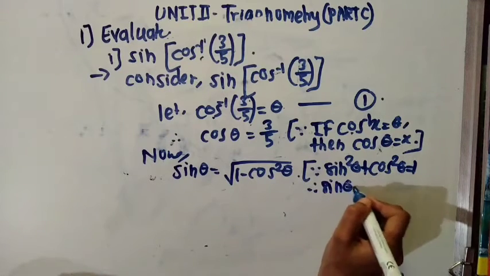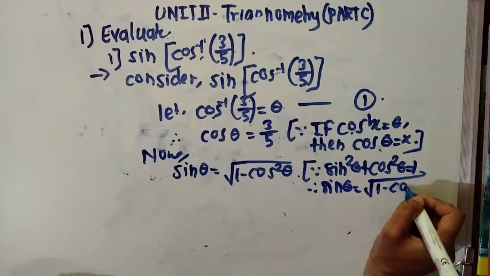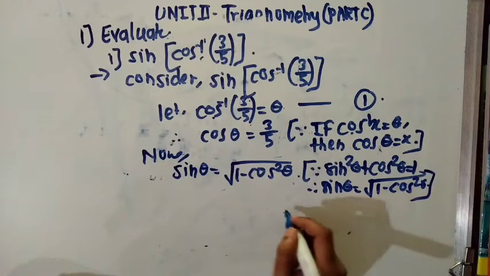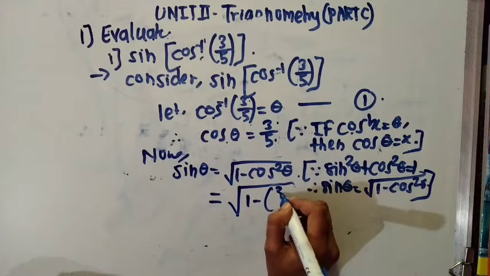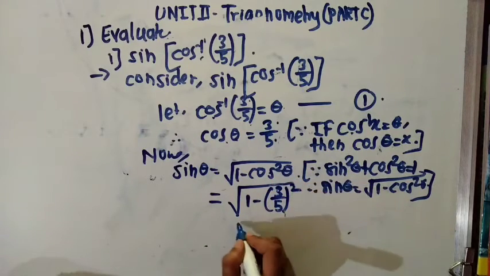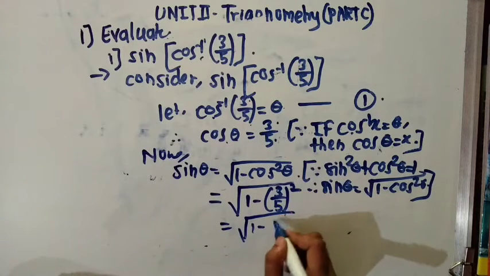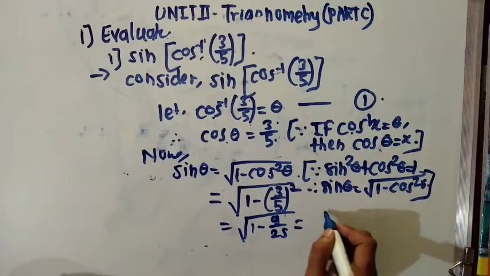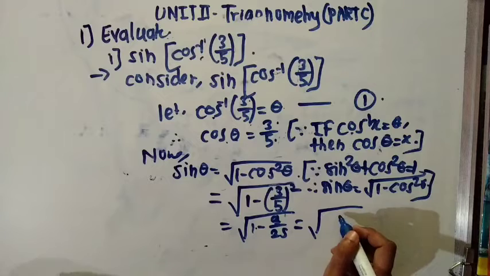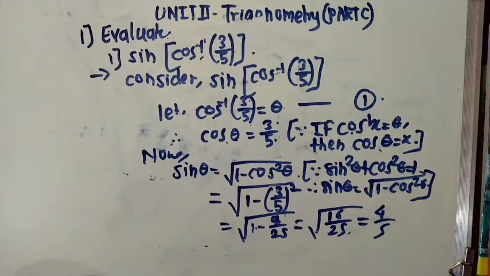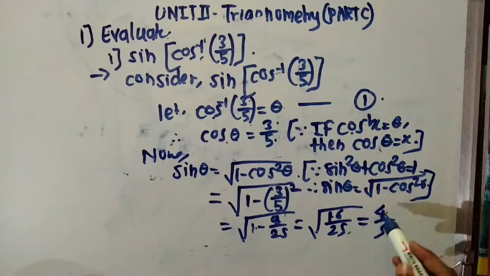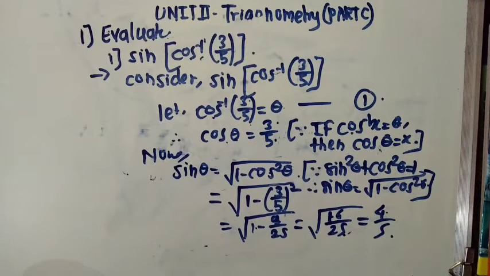Here cos theta is equal to 3 upon 5, so cos square theta is 3 upon 5 squared. 1 minus 9 upon 25 is equal to 25 minus 9, which is 16 upon 25, and root 16 is 4 and root 25 is 5. Hence sin theta is equal to 4 upon 5.